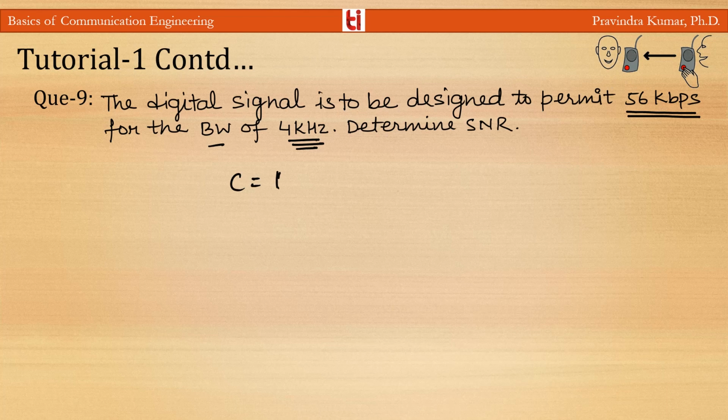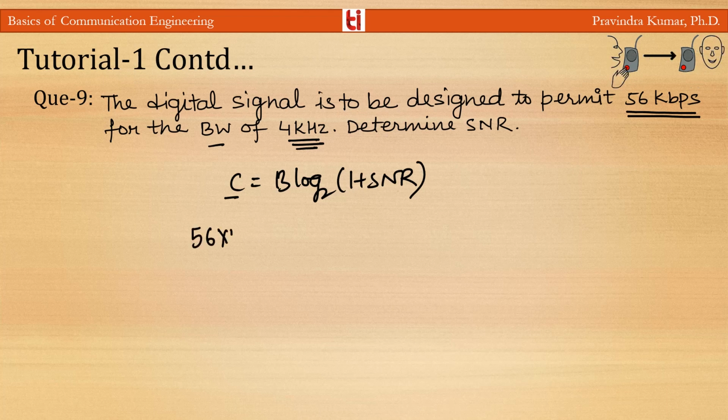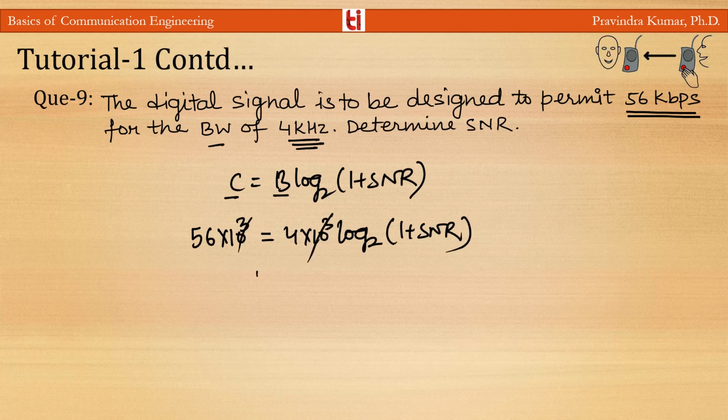So again, you know, C is B log 2 (1 plus SNR), and channel capacity is given as 56 kbps, or you can say 56 into 10 to the power 3 bits per second, and channel bandwidth is 4 kilohertz, or you can say 4 into 10 to the power 3 hertz. Here it will be 14 equals log 2 (1 plus SNR).